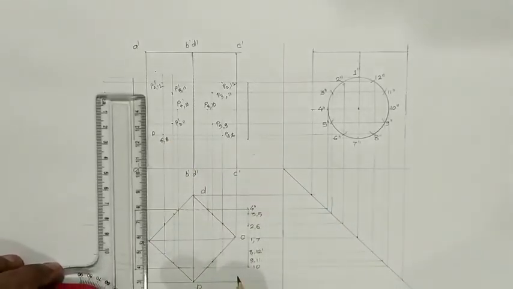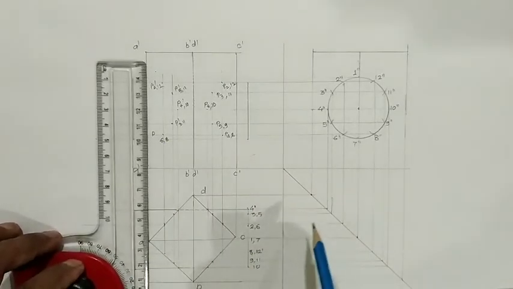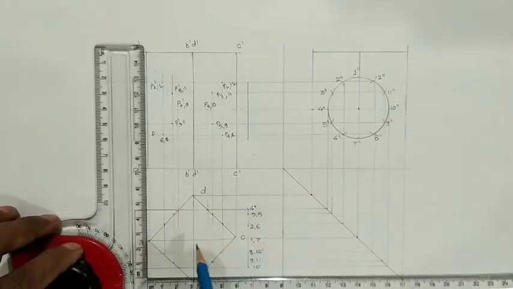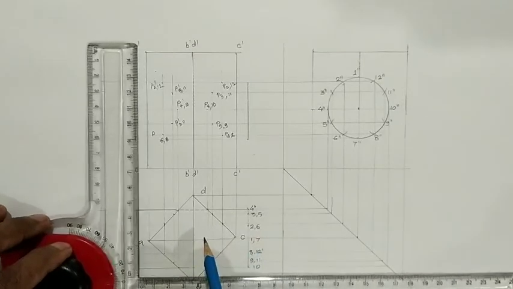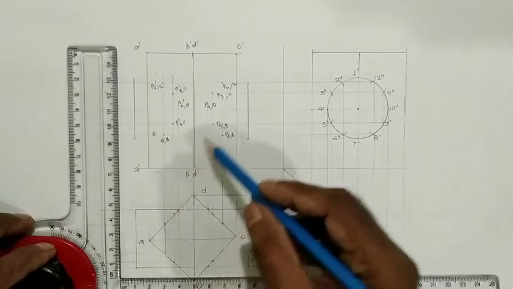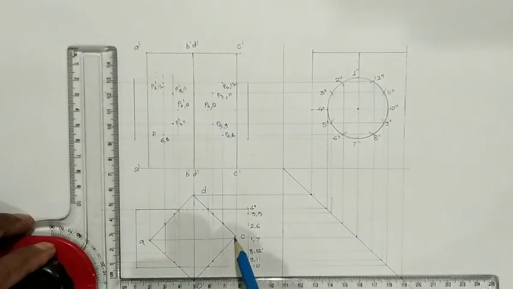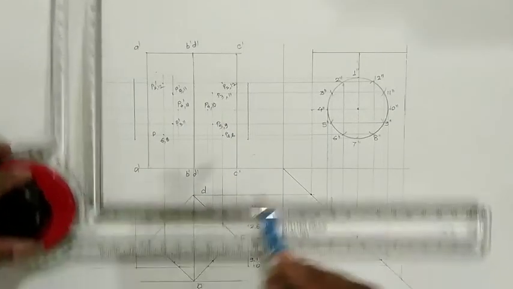Now the last point is A and C. No line intersecting this portion.